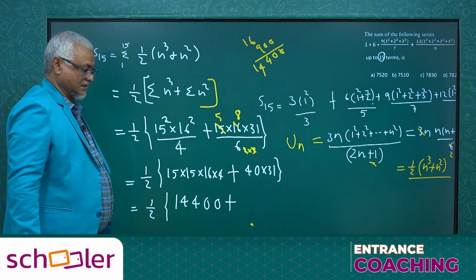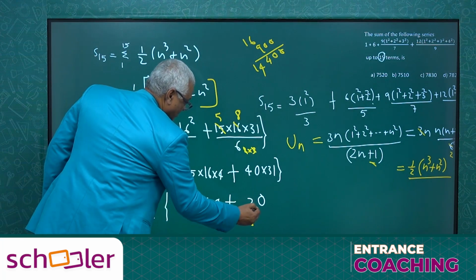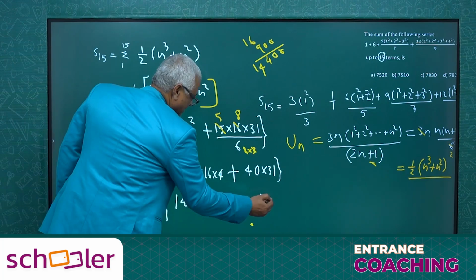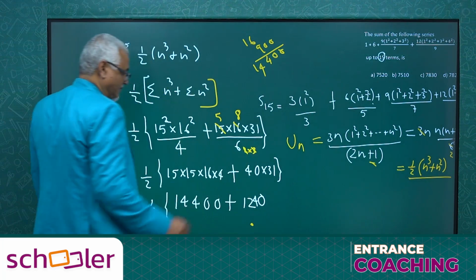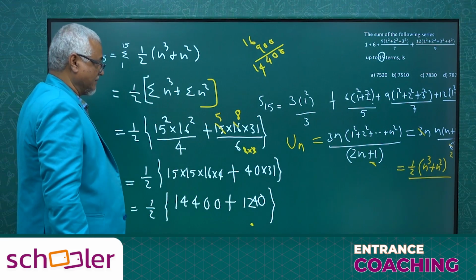Plus 40 into 31 is 1240. 1 into 4 is 4 and 3 into 4 is 12.